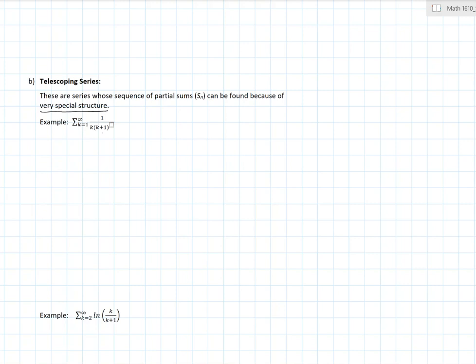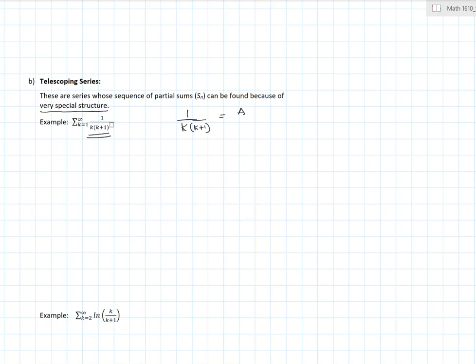So the first thing here is, and you will see it in a few minutes, why we take this approach. So first thing is, you have 1 over k times k plus 1. So what we have to do is use partial fractions to first split it up into two fractions.